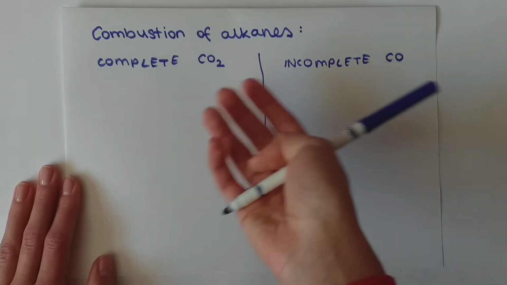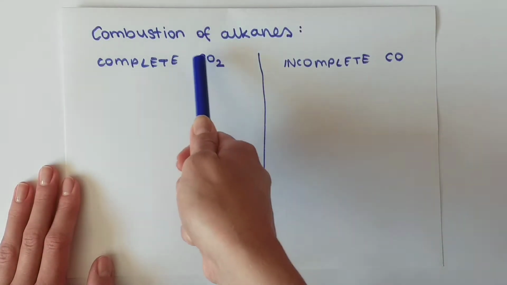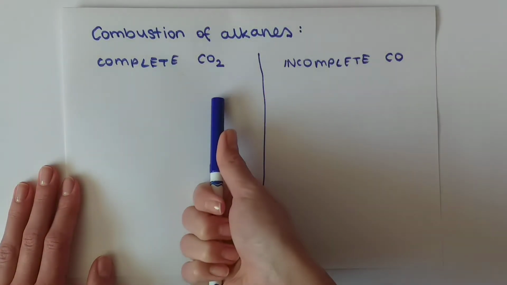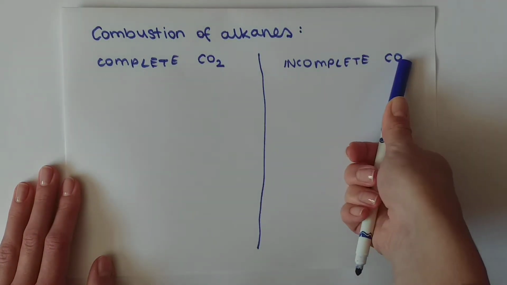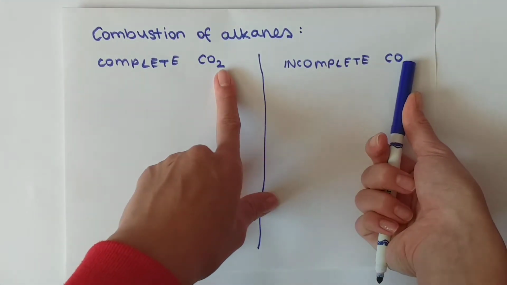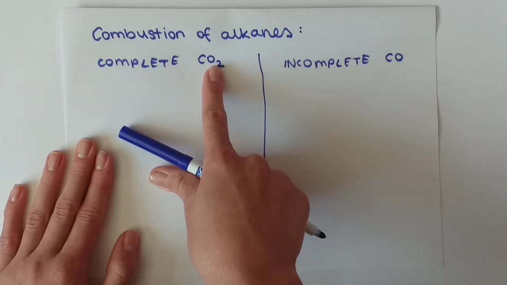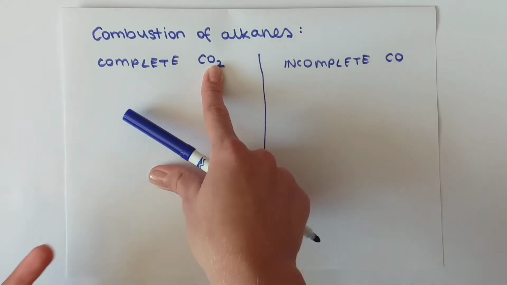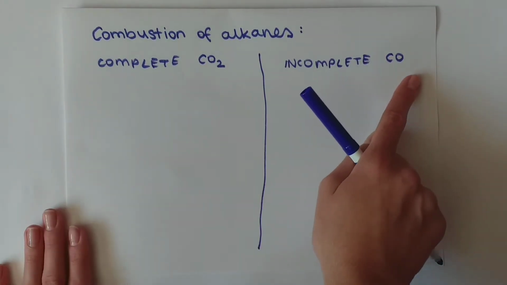Of course, as you know, both of them are pollutants. Carbon dioxide is a greenhouse gas, so it's bad for us. However, carbon monoxide is also toxic, and it's even worse than carbon dioxide. Therefore, it's much better to form carbon dioxide, which we learn how to get rid of, than to produce carbon monoxide, which is toxic for people.